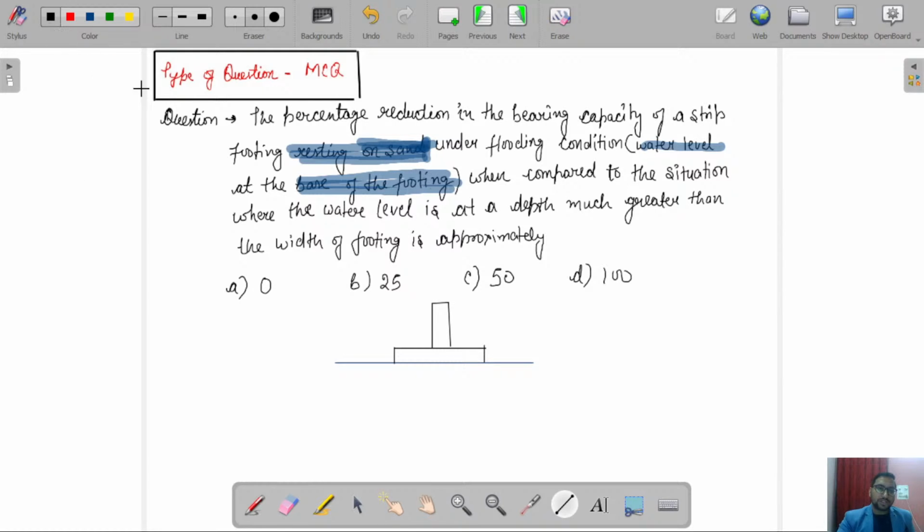Suppose width of foundation is B. Now in first case, the water table is at greater depth. Suppose up to this level it is B only.